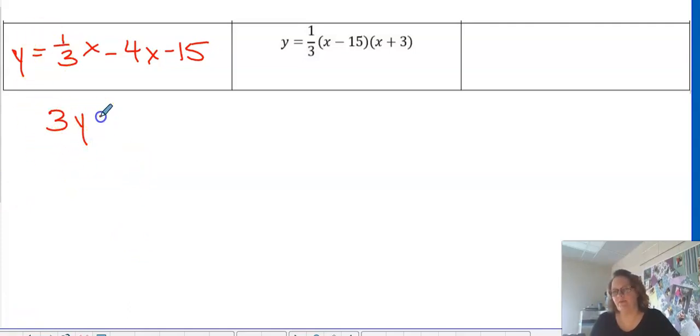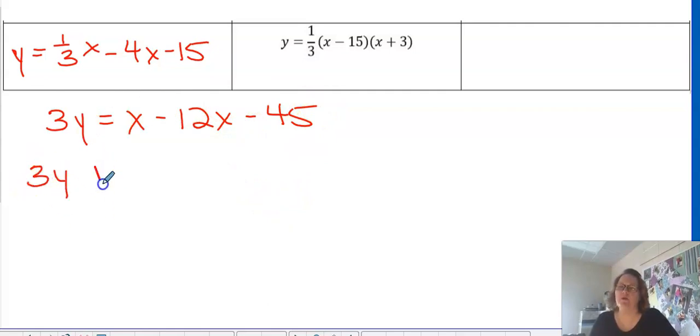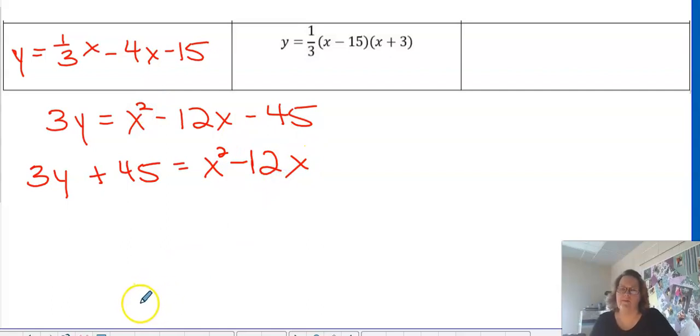3y equals x squared minus 12x minus 45. Now let's add 45 to both sides. 3y plus 45 equals x squared minus 12x. Okay, let's complete the square over here. Half of negative 12 is 6.